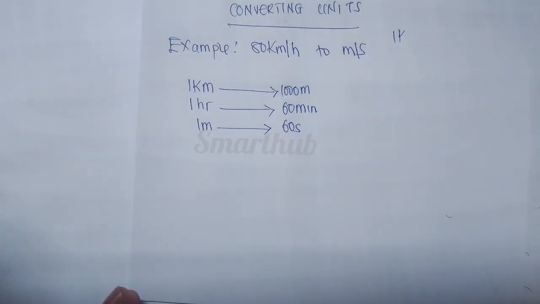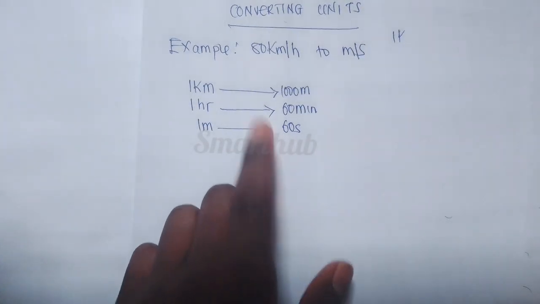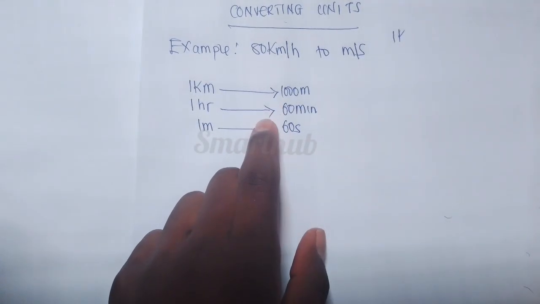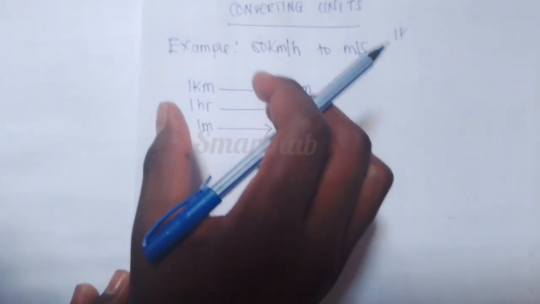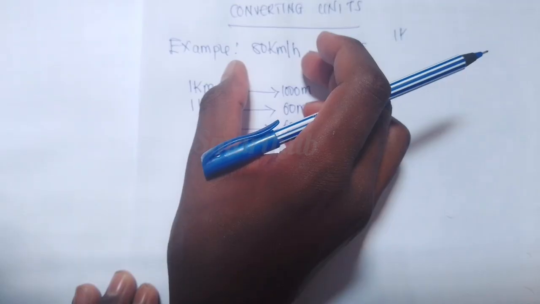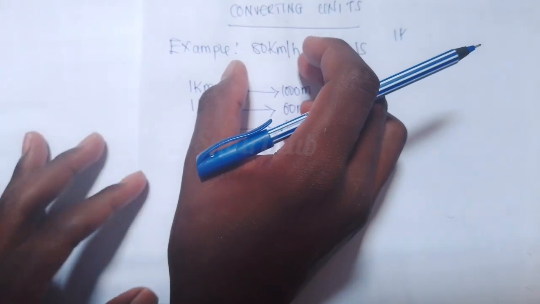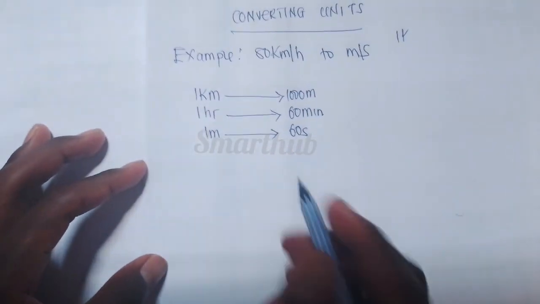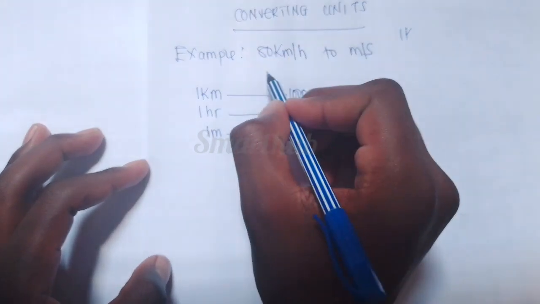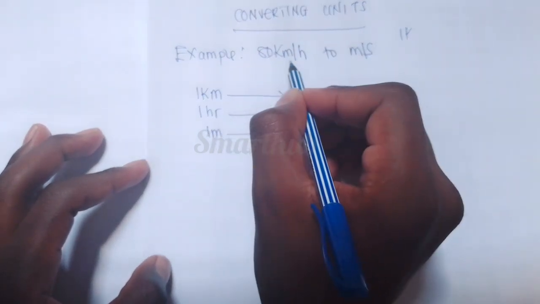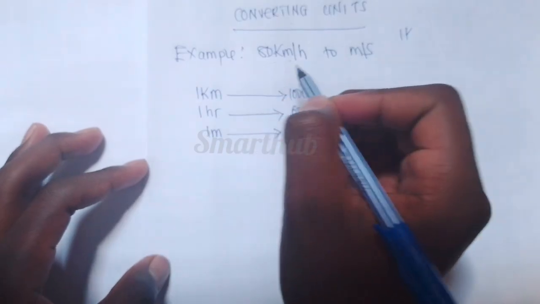After recalling this, you get the figure given. You've been given 80 kilometers per hour. This simply means that it's 80 kilometers over an hour.